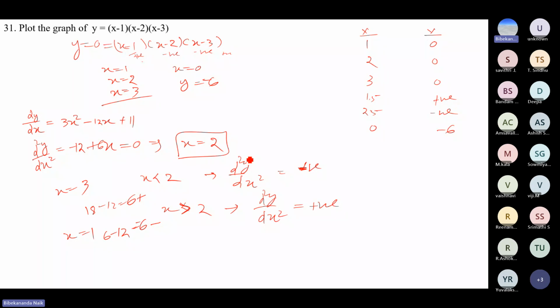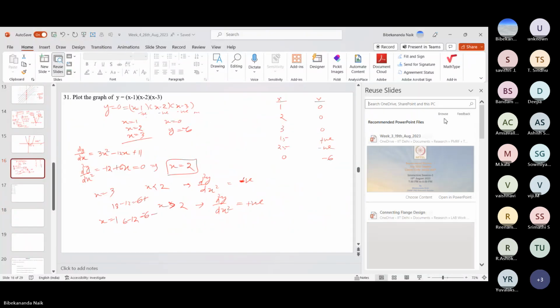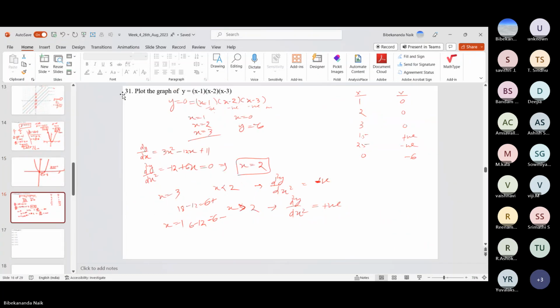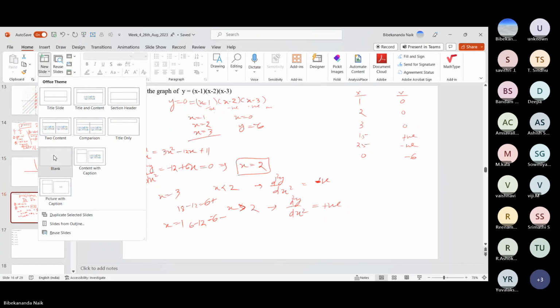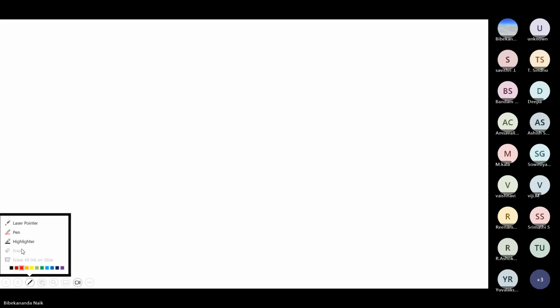So now let's plot the function. Suppose this is x and this is y.